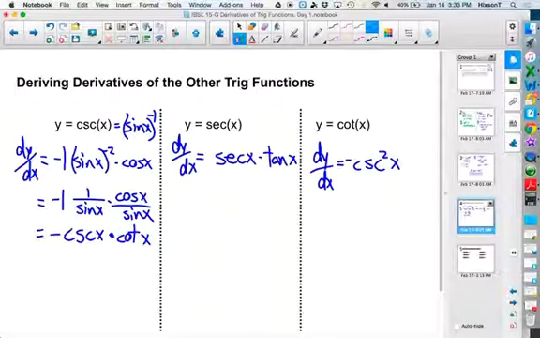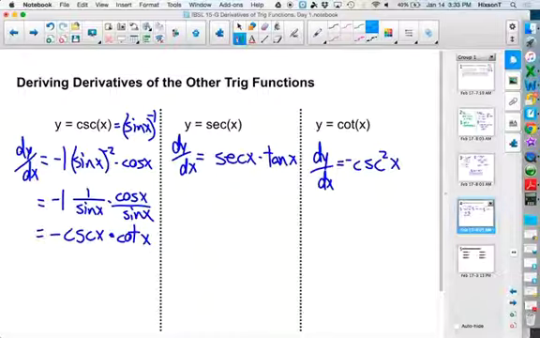Cotangent is negative cosecant squared. Secant starts with an S, so it's positive. Okay? Yes, you can't start secant with a C. All right, so that's just one nice way to remember the negatives.